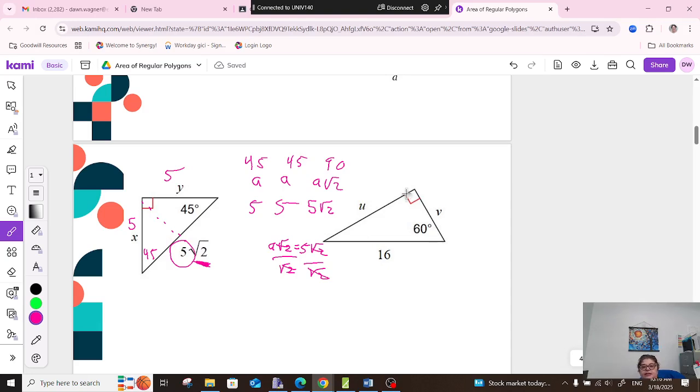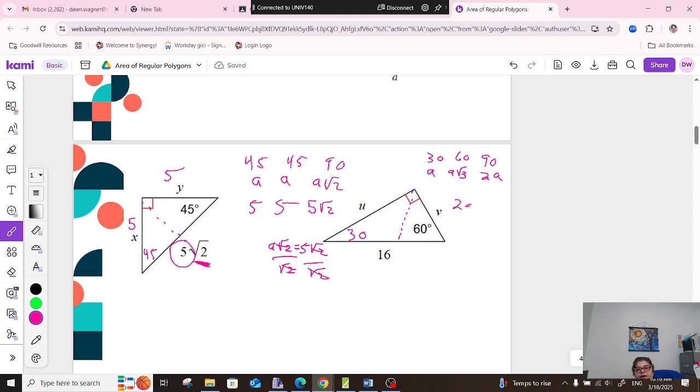So if this is 60 and this is 90, what's this over here? 30, right? Okay. And 30, 60, 90 was a, a square root 3, 2a. And this time I'm given across from the 90, 2a.